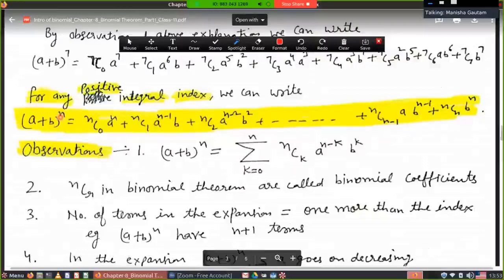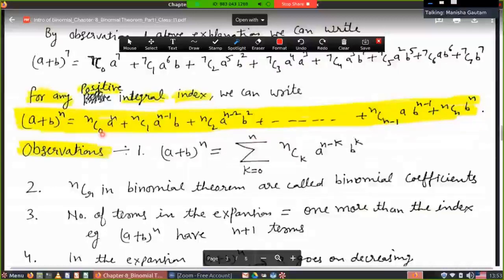Because we start from 0 to n, if it were 1 to n, it would go up to n plus 1. This you have to remember. So nCn b^n will be the last term of this expansion. The total number of terms will be n plus 1.